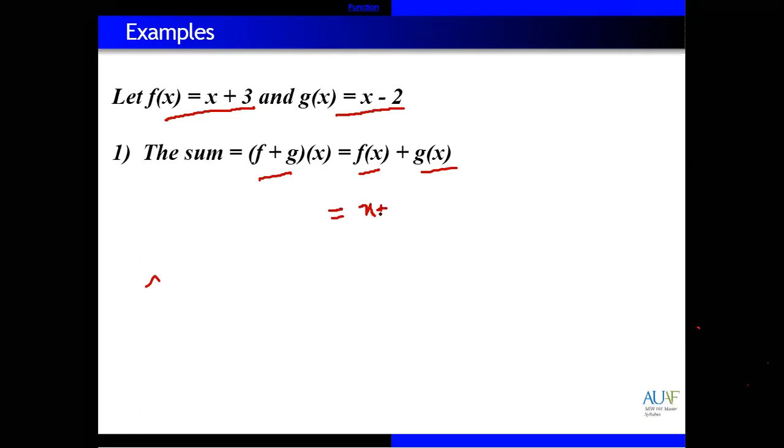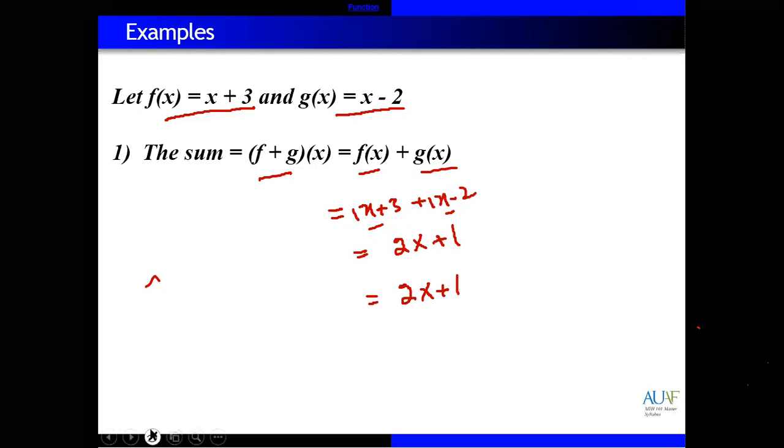We know that f of x is equal to x plus 3 plus g of x, g of x is equal to x minus 2. Now you can add x with x. So we have coefficient of x 1, 1. 1 plus 1 equal to 2x. 3 minus 2 is equal to plus 1. This is actually addition of two functions, 2x plus 1.